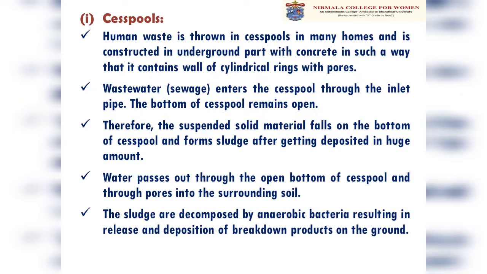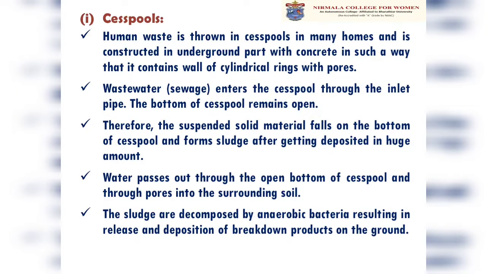Wastewater enters the cesspool through the inlet pipe. The bottom of the cesspool remains open. Therefore, the suspended solid materials that fall on the bottom of the cesspool will form sludge after getting deposited in huge amount. Water passes out through the open bottom of the cesspool and through pores into the surrounding soil.